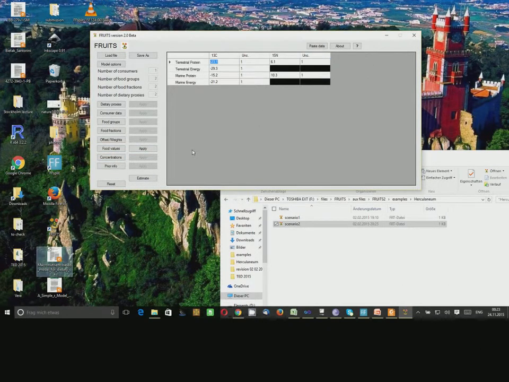Now, nitrogen values are the same as before, and here we have not only the carbon isotopic values for protein, for both the terrestrial and the marine food groups, but also the carbohydrates and lipid signals.